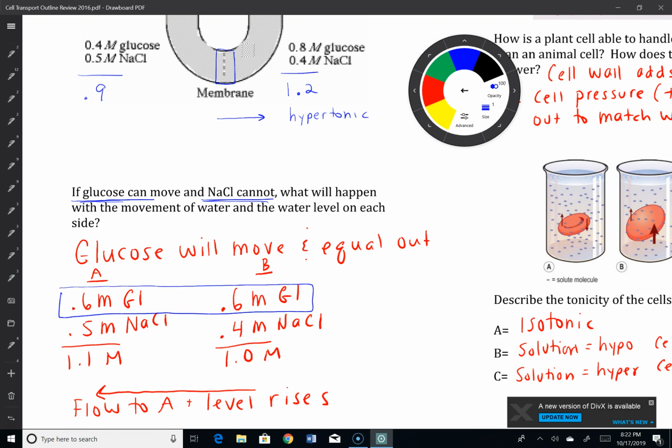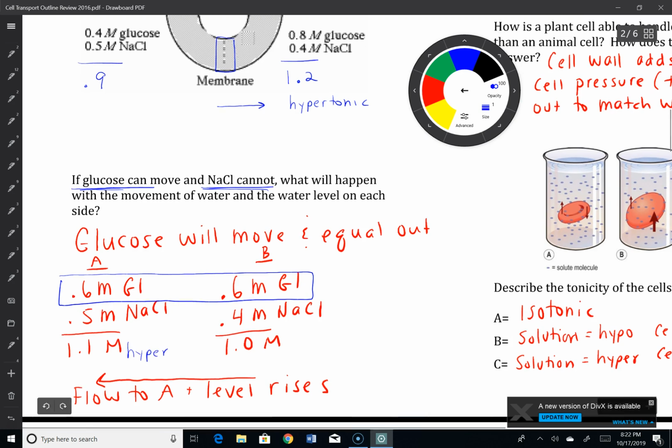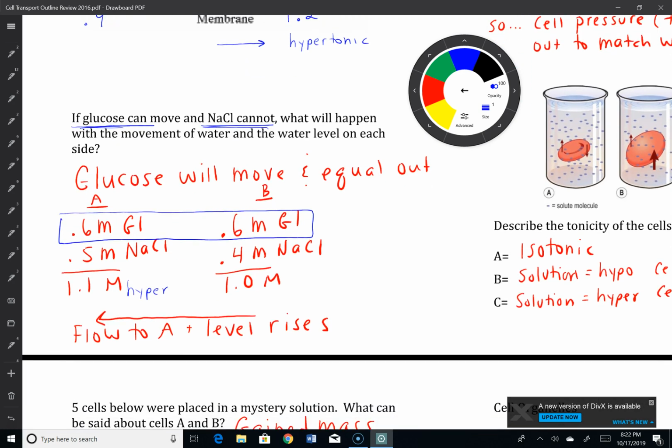That now messes up the overall concentration. Now, A's side is more hypertonic. So in this case, water will flow from B to A, causing A's side to rise and B's side to decrease. So it is very important to read the question. Does it start off as initial or after, let's say, 30 minutes or an hour? Very important to read the question.